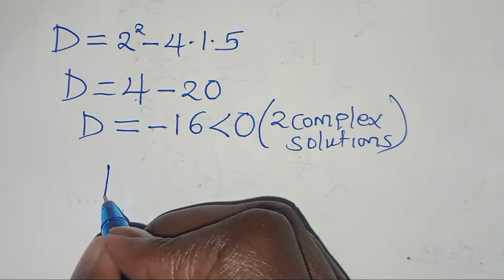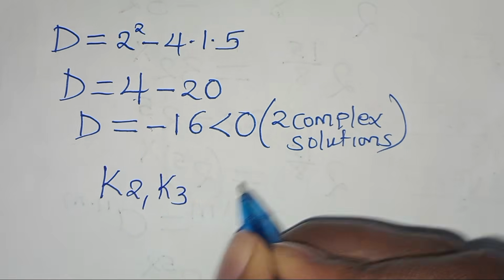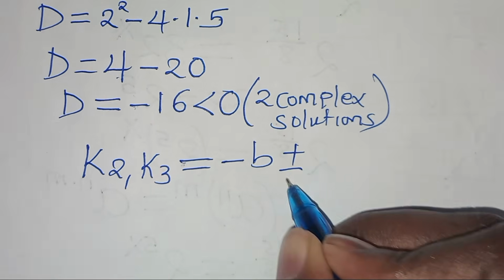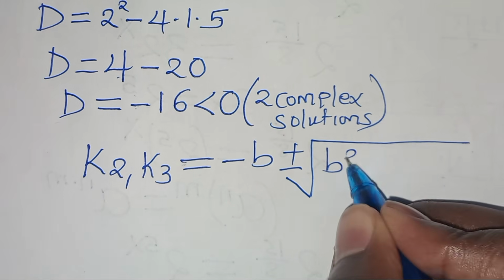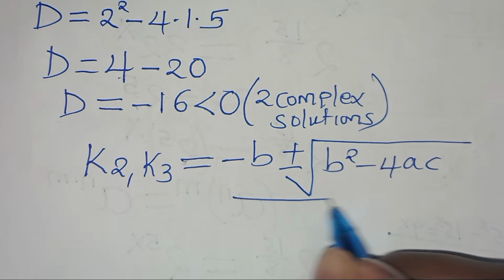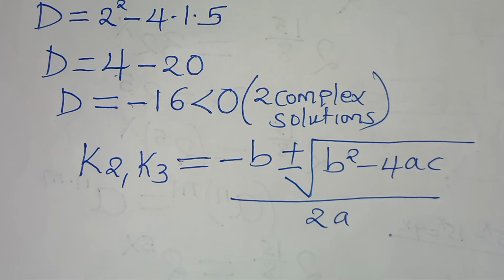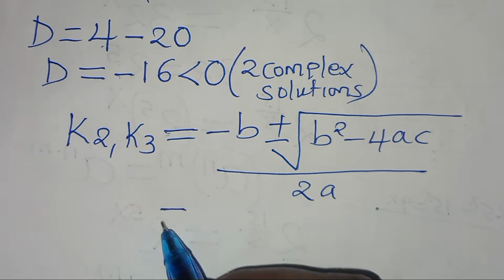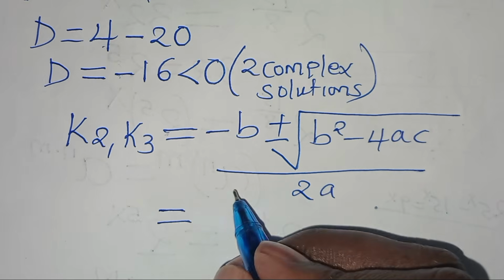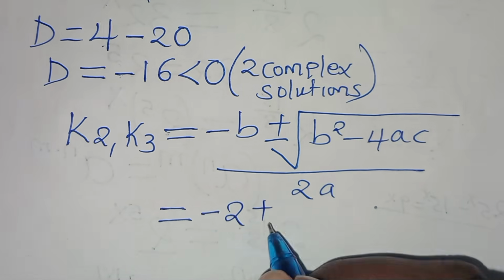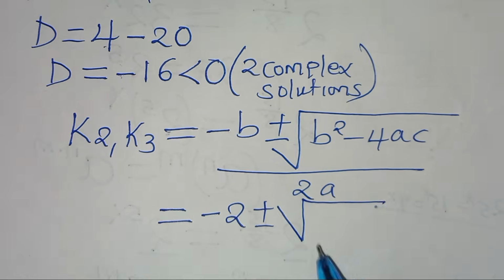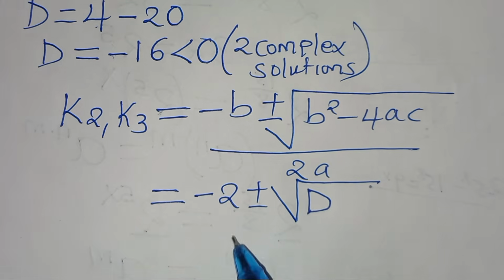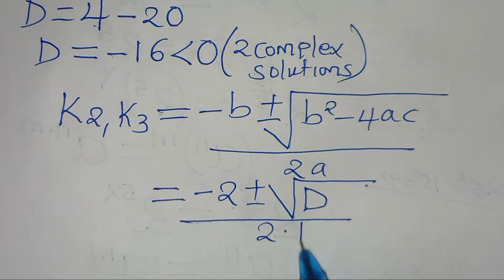To solve for these complex solutions, that is k2 and k3, we apply the quadratic formula, that is minus b plus or minus the square root of b squared minus 4ac, everything divided by 2 times a. So let's substitute the values of a, b, and c in this formula, so that now we have minus 2 plus or minus the square root of the discriminant value, b squared minus 4ac, divided by 2 times 1.